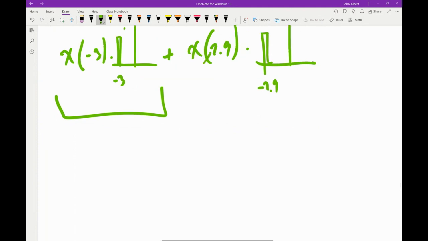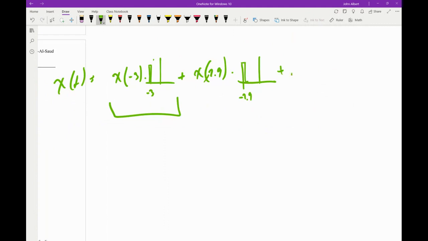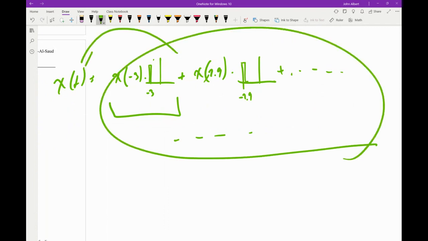Okay, and so on. If I keep doing this, plus infinite of those, and I'm using rectangles here, in the limit, if the rectangle width becomes equal to 0, all of this basically becomes equal to that. This is basically what I'm trying to say.